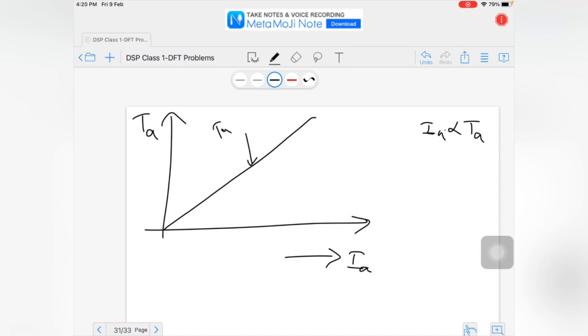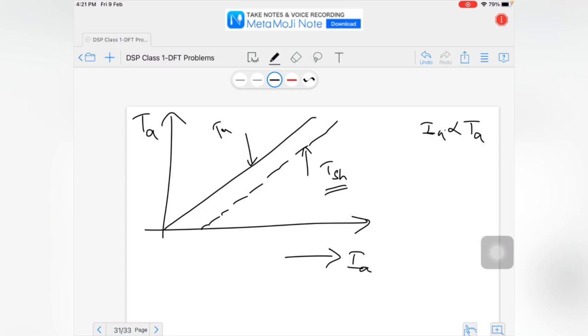Now I will write one more torque called shaft torque, which is less than the armature torque. I will represent this as TSH. Why is this TSH less than the armature torque? Because of the losses due to mechanical vibrations in the machine.